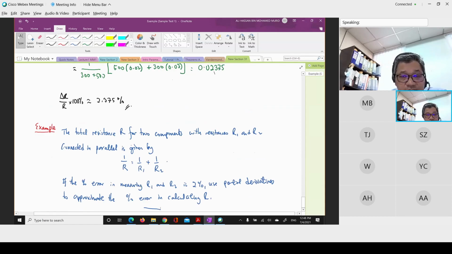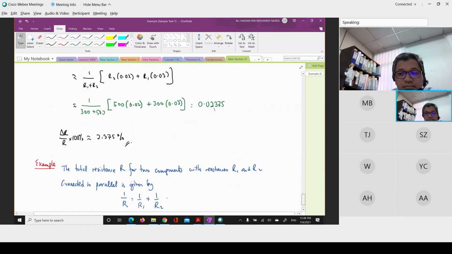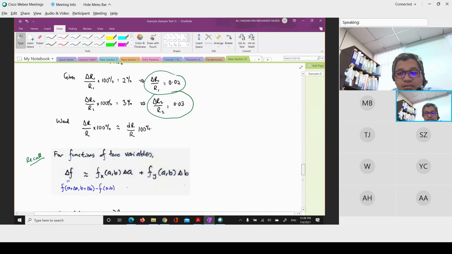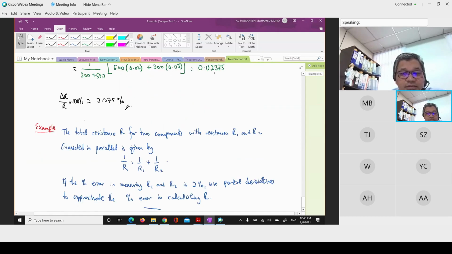But the percentage errors in measuring R1 and R2 are equal. In the previous example, they are not equal. The percentage error for R1 is 2%, the percentage error for R2 is 3%. So think about it and let me know.